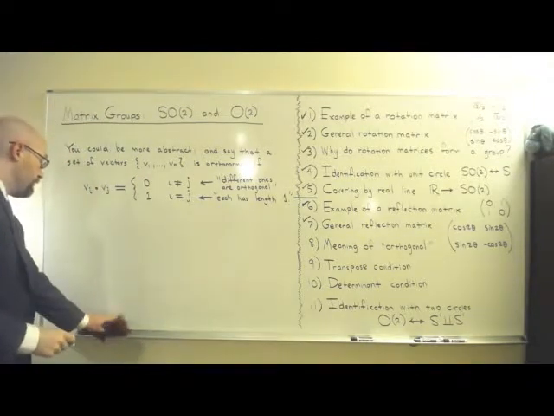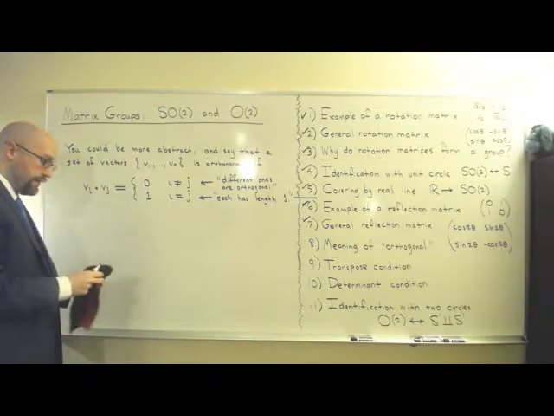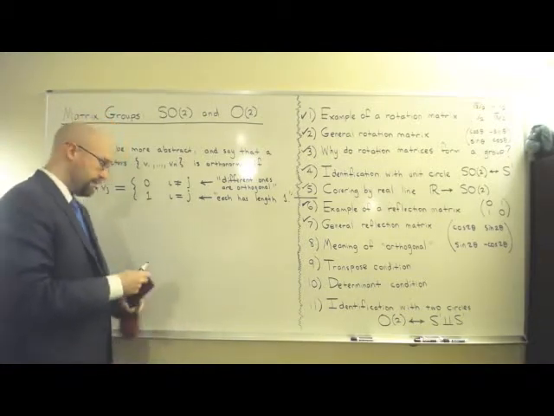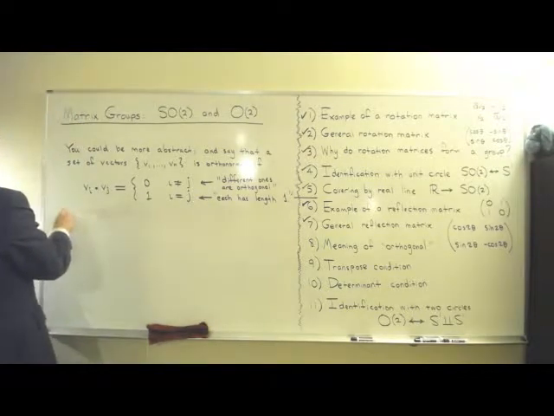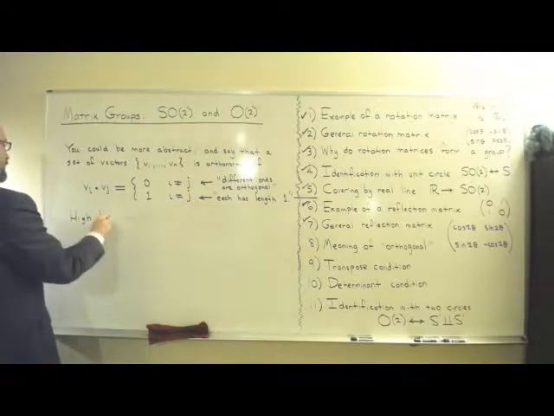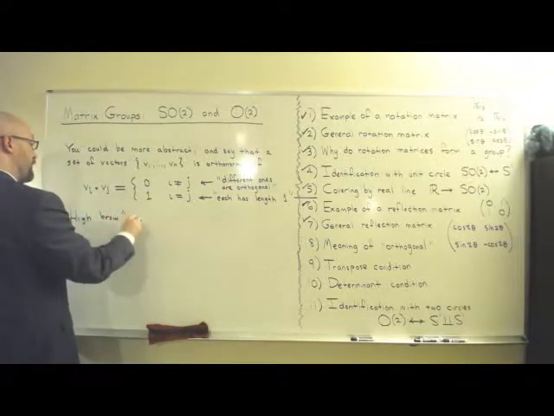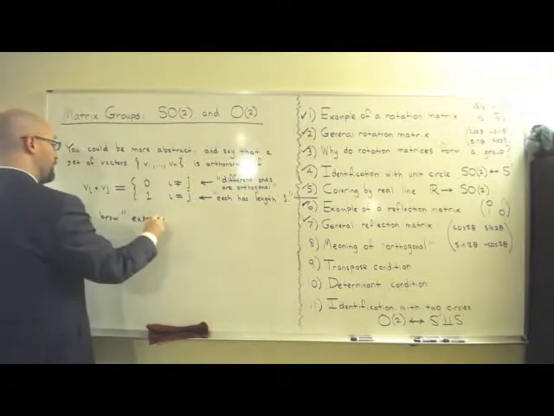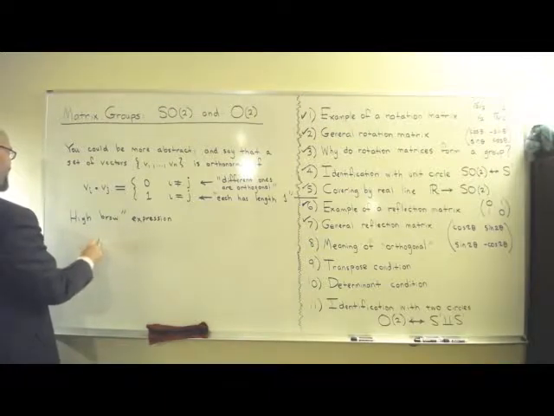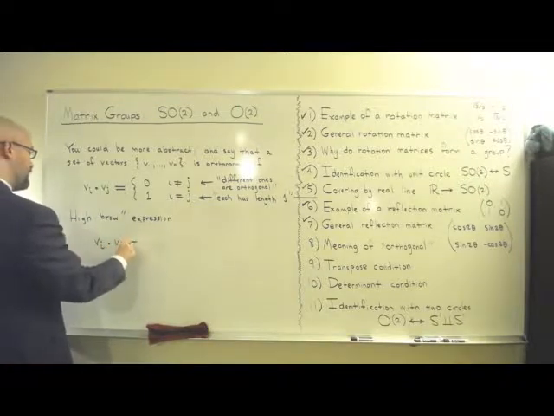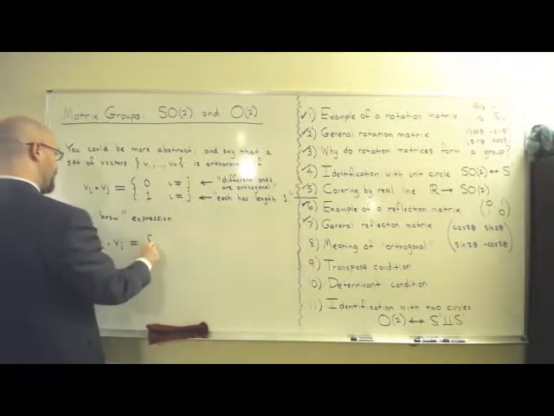Now you can be even more clever. You can make this an even more compact notation by using the Kronecker delta symbol. This is kind of a highbrow way of saying it, if you want to appear clever and sophisticated. So you would say here, vi dot vj equals delta ij.